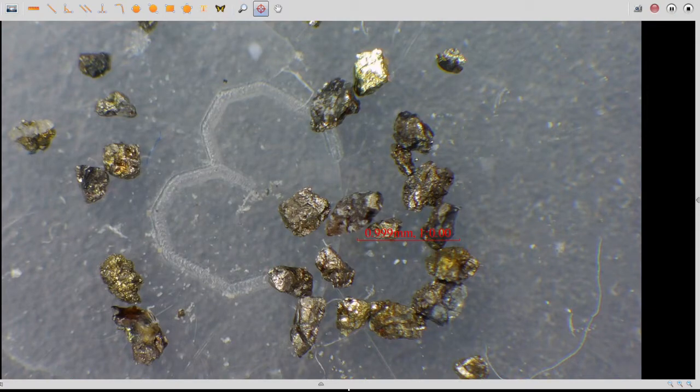So okay, let's continue with another fraction, as I've extracted all grains from this concentrate. There are only other heavy minerals left.